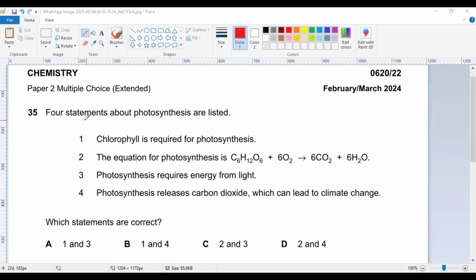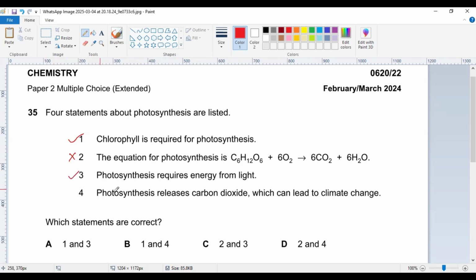This is question number 35. Four statements about photosynthesis are listed here. Chlorophyll is required for photosynthesis. Yes, chlorophyll is required. Correct. The equation for photosynthesis is, no, this is the equation for respiration. Wrong. Photosynthesis requires energy from light.